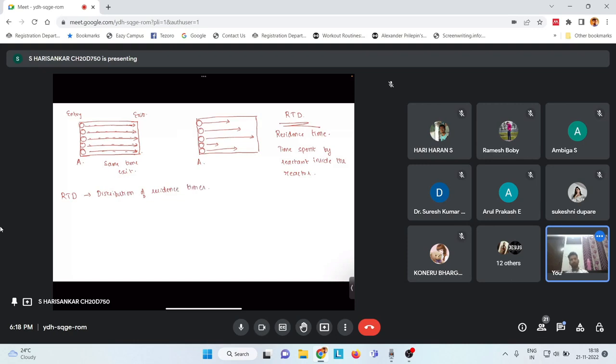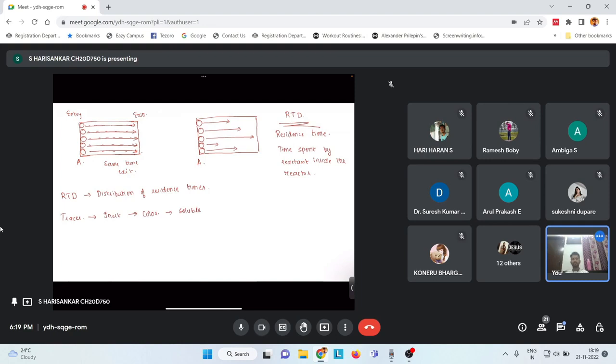Now, how do we find this residence time distribution? We use something called a tracer. A tracer is basically an inert substance which can have some sort of color or detection mechanism, and it is usually very soluble in your reactant system, which is usually water.